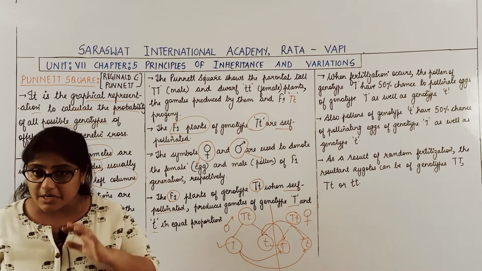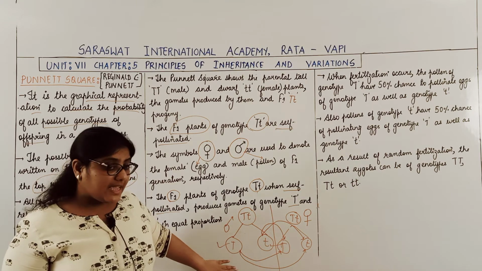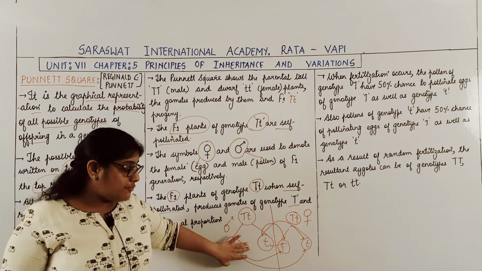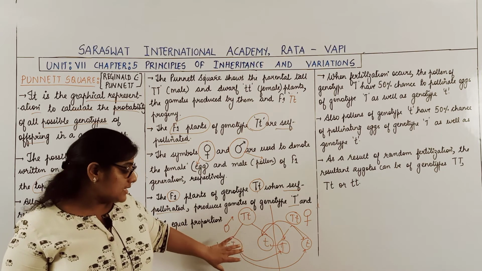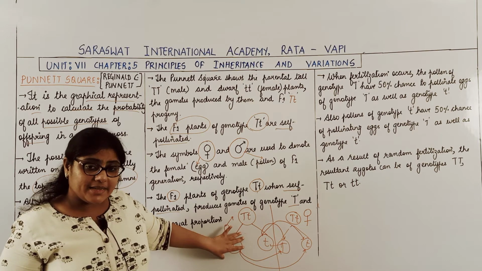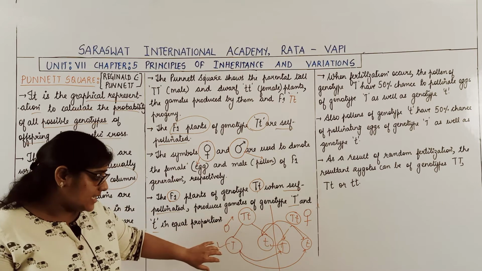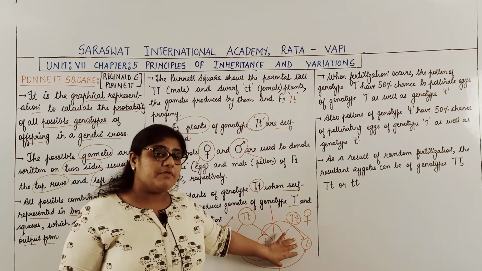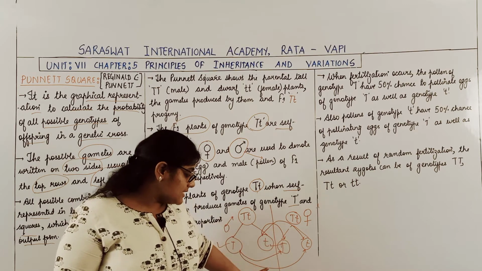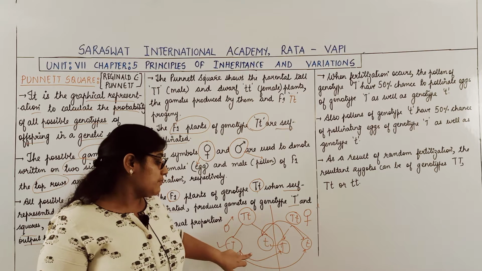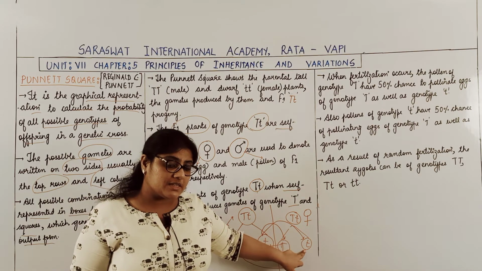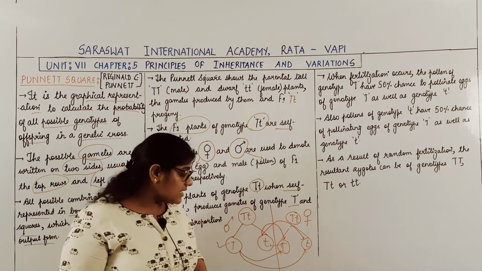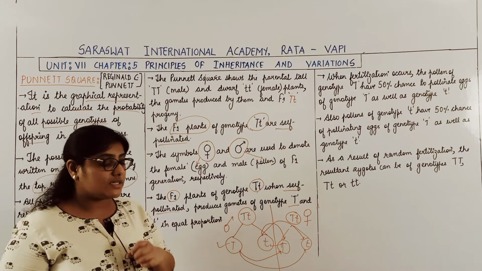Students, are you clear with this point? The male gamete containing the gene capital T has a 50% chance to fuse with the female gamete containing capital T, as well as a 50% chance to fuse with the female gamete containing the small t gene.